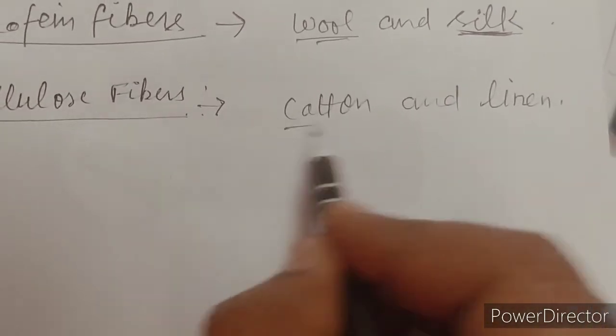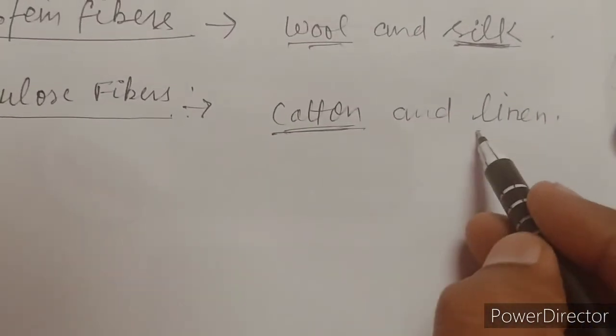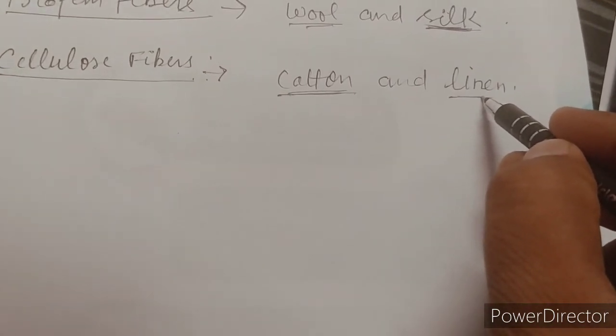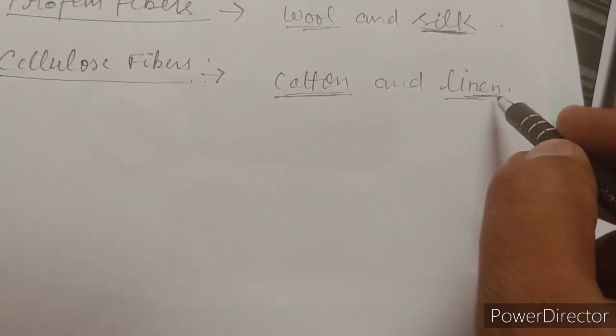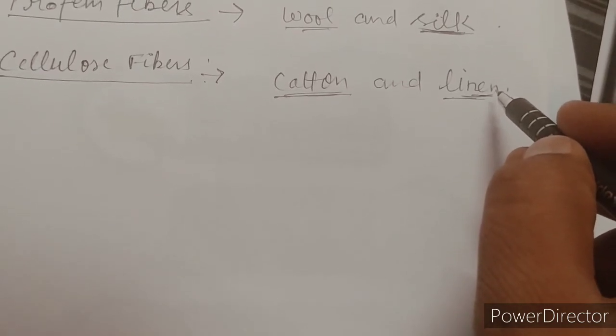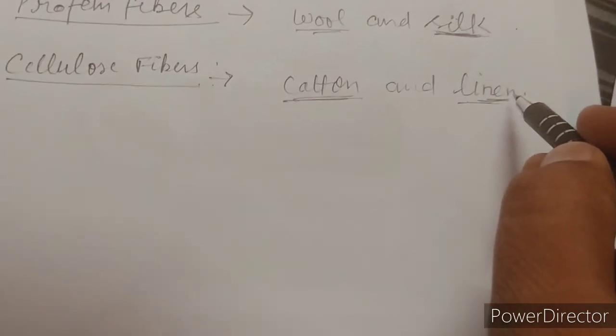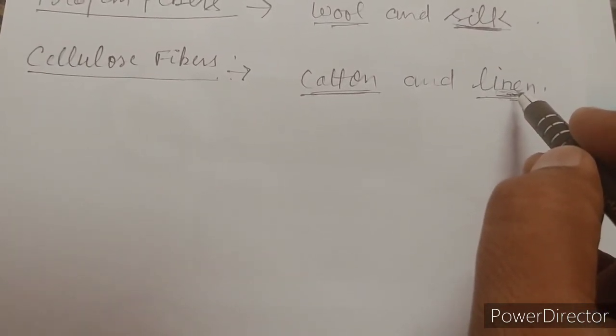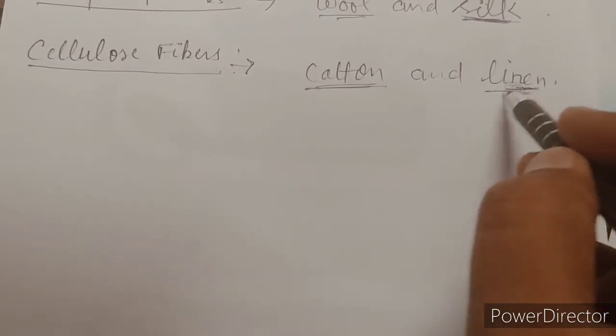Cotton, you know, we got from the cotton plant. And about linen, student, linen fiber is very popular and highly appreciated. It is used for a variety of purposes. And one more thing, student, linen is the oldest fabric used by humans.